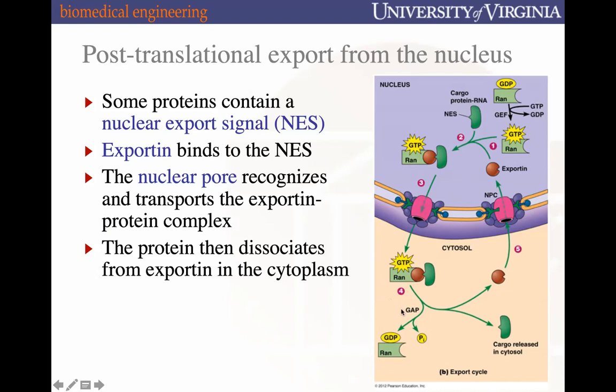Once that GTP is hydrolyzed, exportin will dissociate from RAN, and now that protein will also dissociate from exportin. Exportin will ride down its concentration gradient back into the nucleus, ready to repeat this process. So this process is pretty similar, just in reverse, and is dictated by concentration gradients.